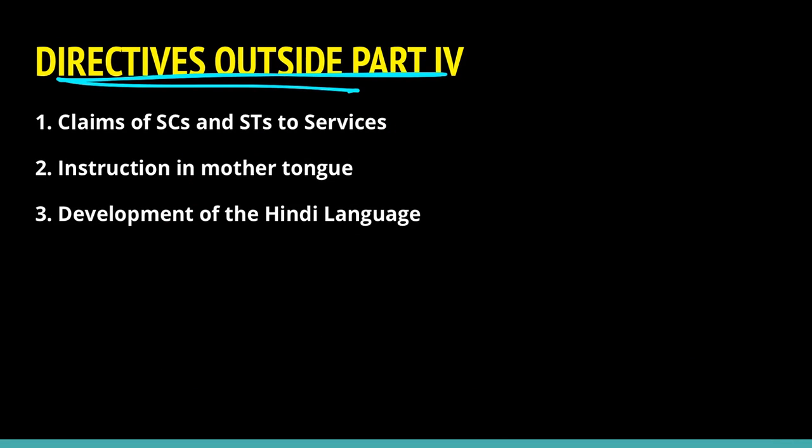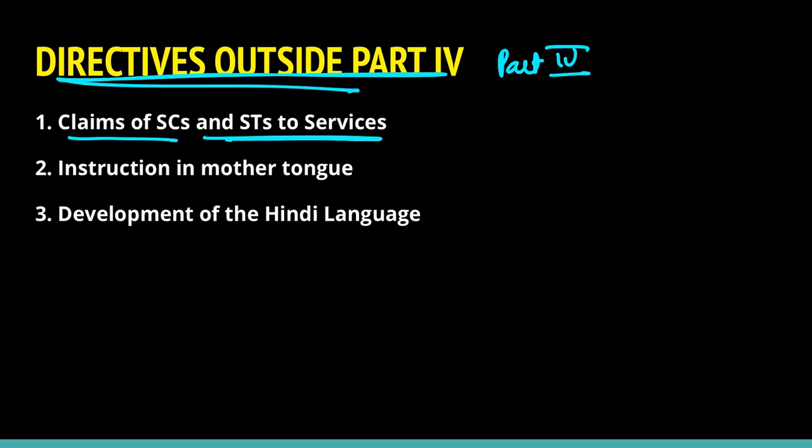Apart from the directives included in Part 4 of our Constitution, there are some other directives contained in other parts of the Constitution. They are claims of scheduled castes and scheduled tribes to the services.